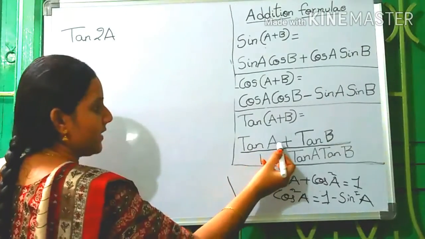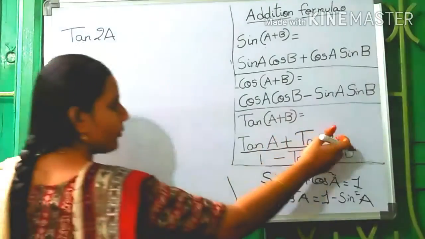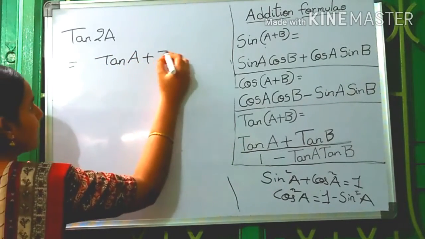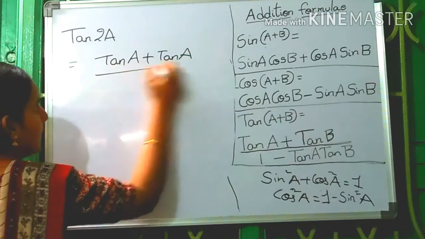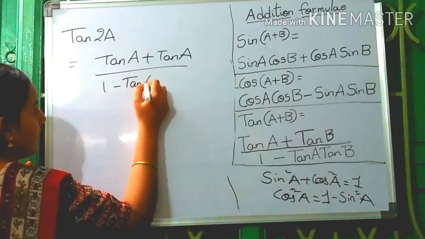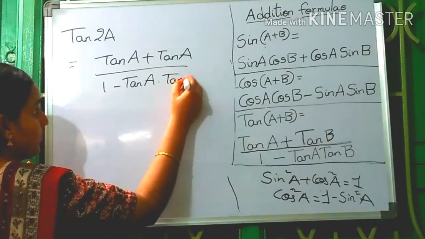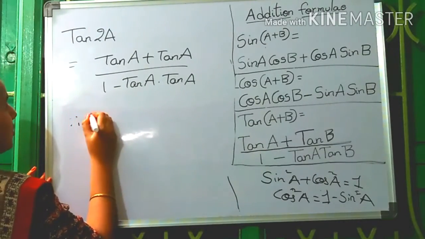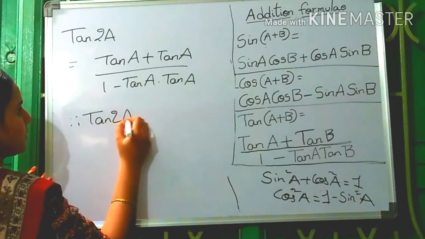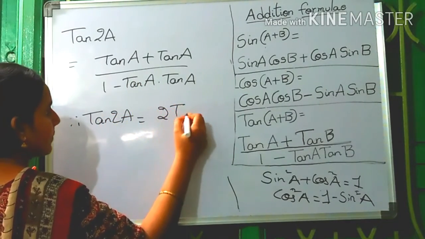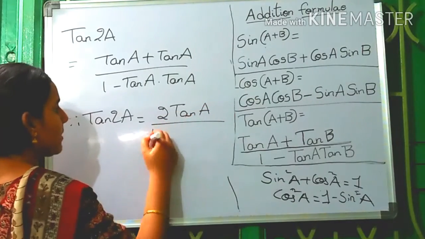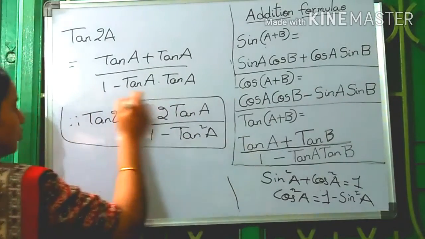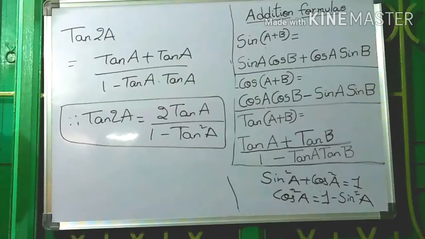On the right hand side, tan A plus tan A, in place of B we have to put A, by 1 minus tan A into tan A. Therefore, tan 2A is equal to 2 tan A by 1 minus tan square A.